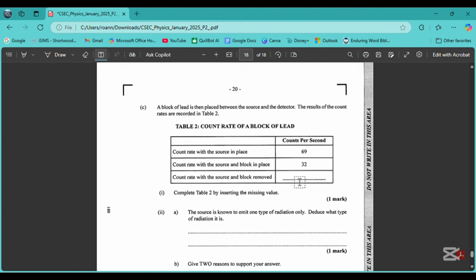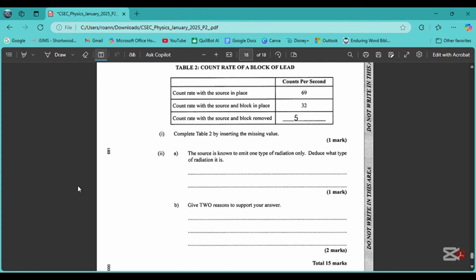Now this would be 5, because it was given earlier that the background count rate was 5 counts per second. So if the source and the block are removed, then the only thing that could be measured is the background count rate, and that was given as 5.